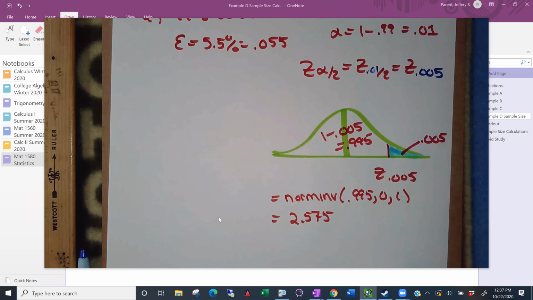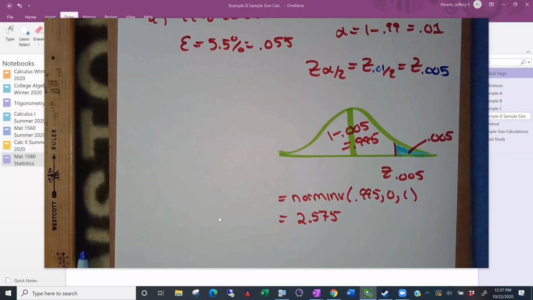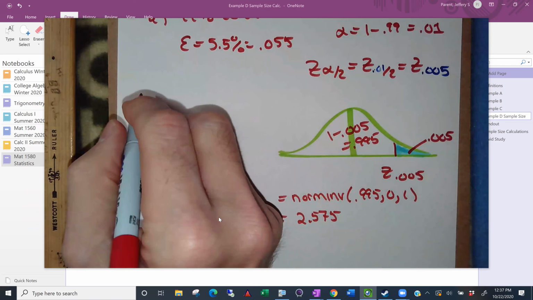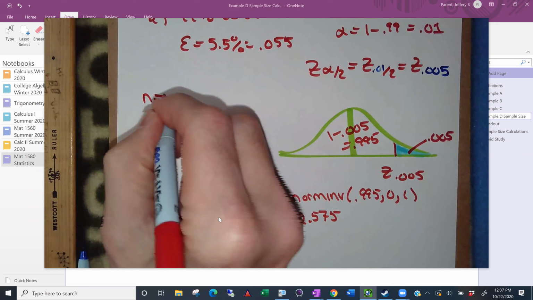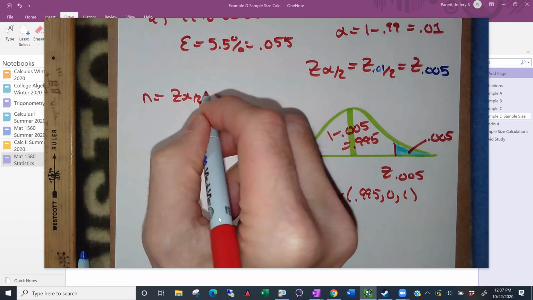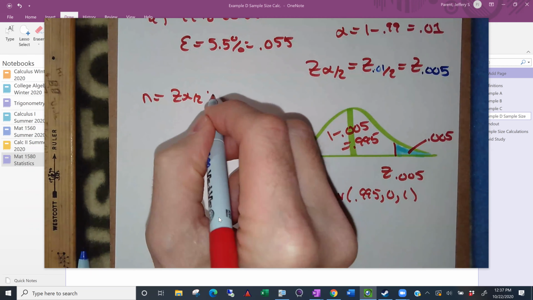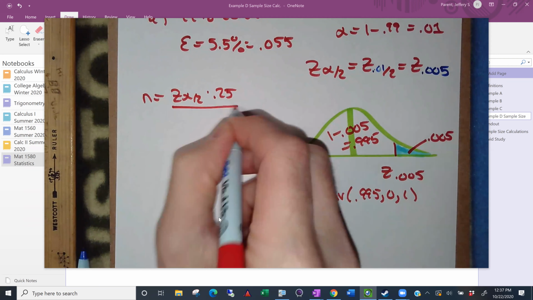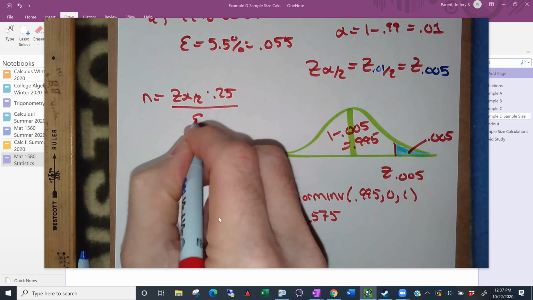You can trust me that it's about 2.575. So I think I've got everything I need now. My formula for this part was n equals z sub alpha over 2, squared, times 0.25, divided by E squared.